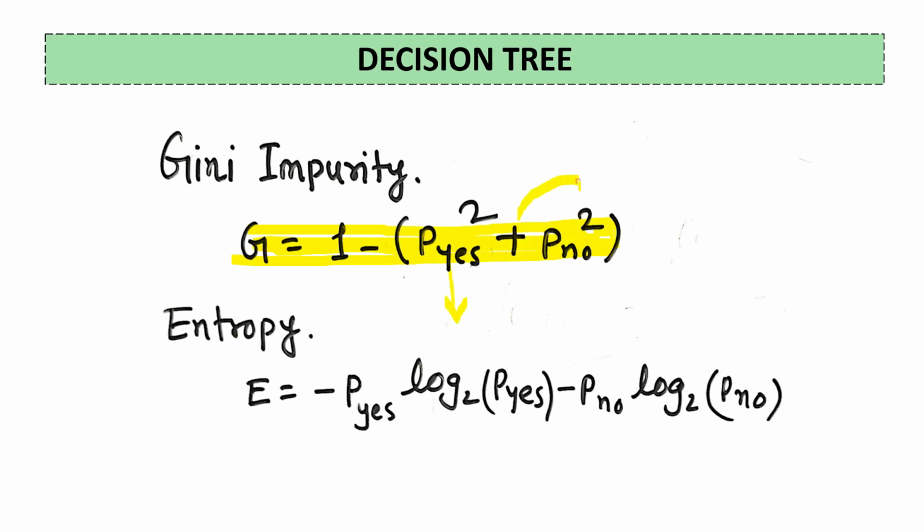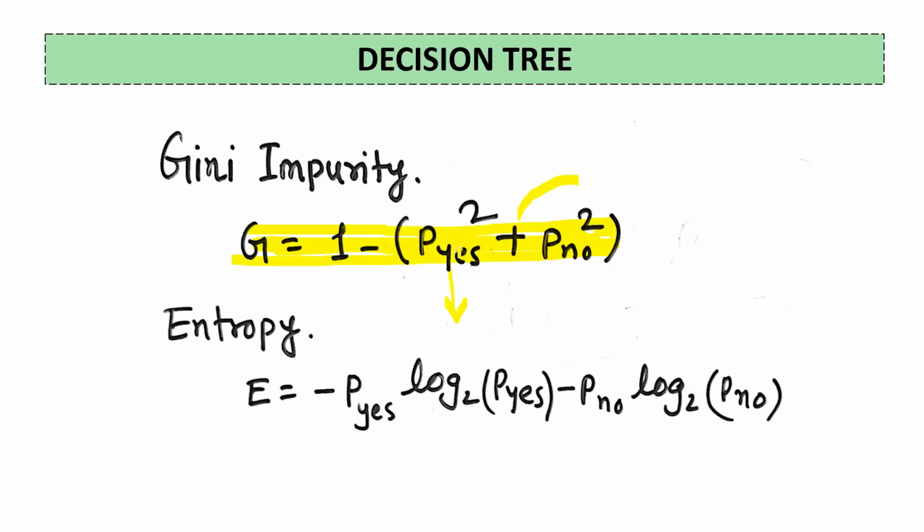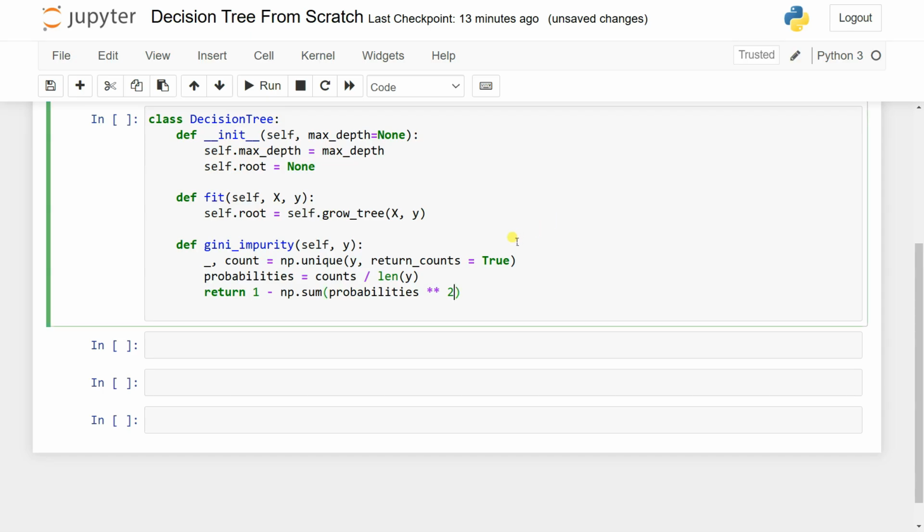So 1 minus np.sum of the probabilities of each of the features for the yes and the no, because the y will pass in two values, yes and no, and it will store them differently inside this count. Okay, so we use this score, because it will sum this out and also calculate the score for each of the unique values.